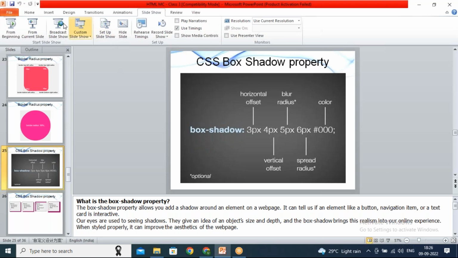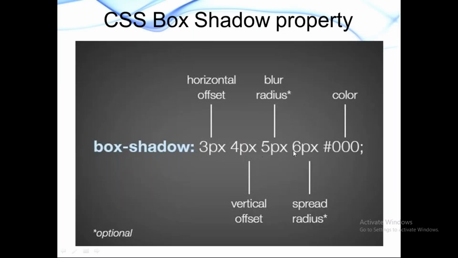Now when you look at the shadow property, you need to specify 5 different values, and there will be a 6th value also. I will tell you what it is later. Horizontal offset, that is what should be the horizontal thickness for the shadow, and then the vertical thickness for the shadow. Blur radius, what do you mean by blurring?